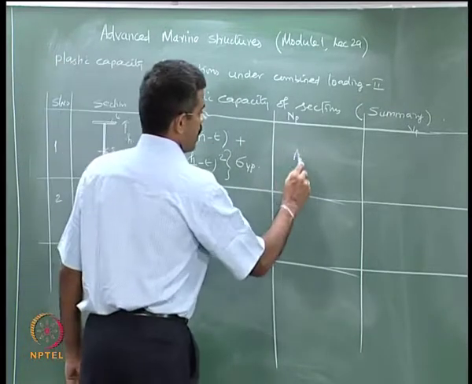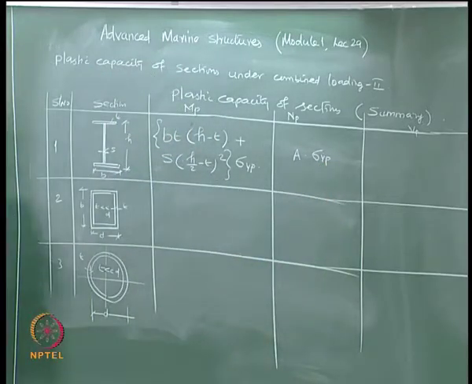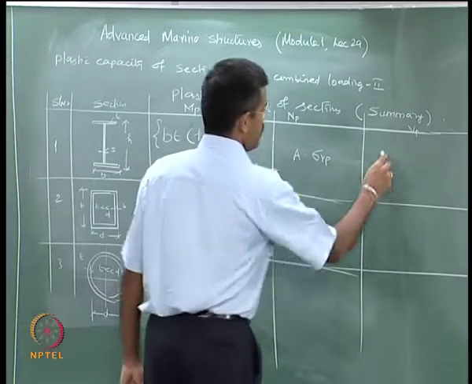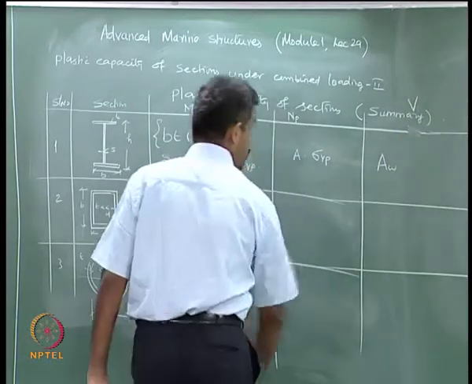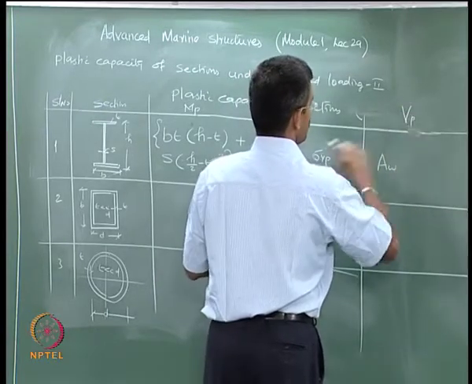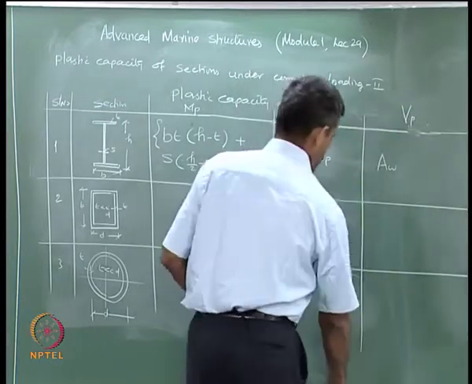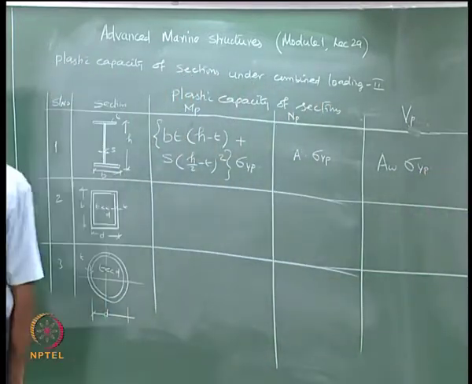This is A into sigma yp, where A is the area of the web. This is the shear capacity Vp, I am writing it here: AW into sigma yp.